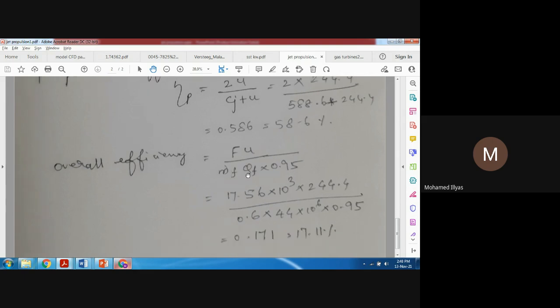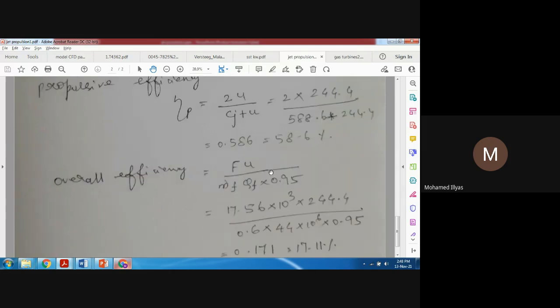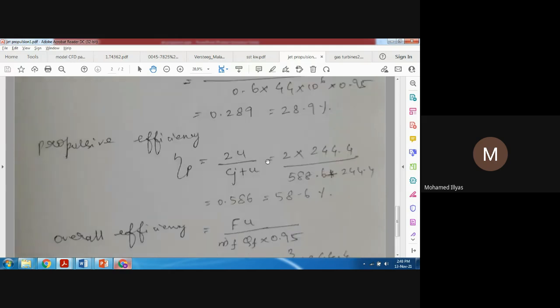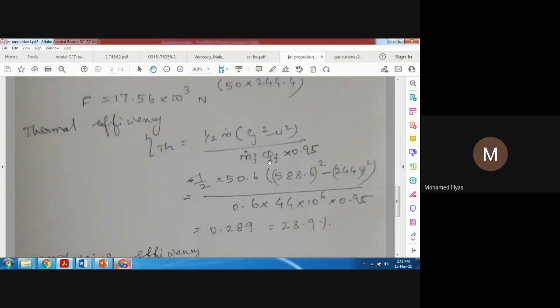We will substitute the mass flow rate of the fuel as well as the calorific value of the fuel, 44 into 10 power 6, into 0.95. F we have calculated, and flight speed we also know, 244.4. So thermal efficiency is m dot f into Qf into 0.95, over m dot, which is m dot a plus m dot f, 50.6, and Cj square.